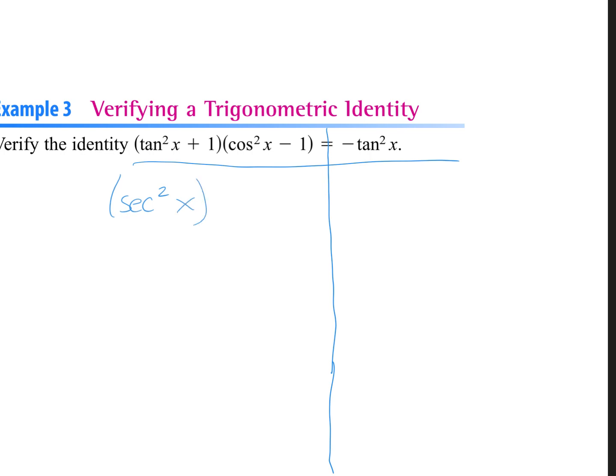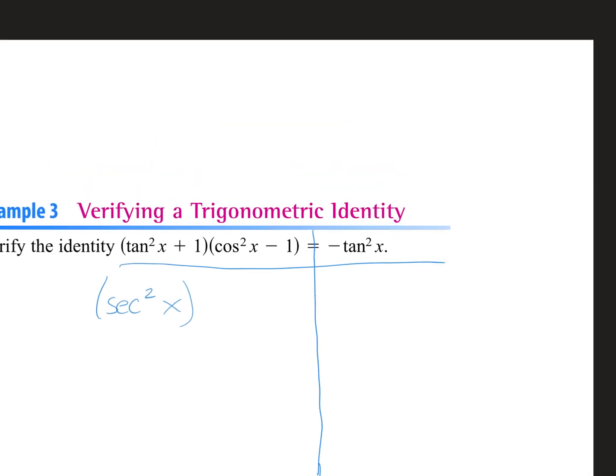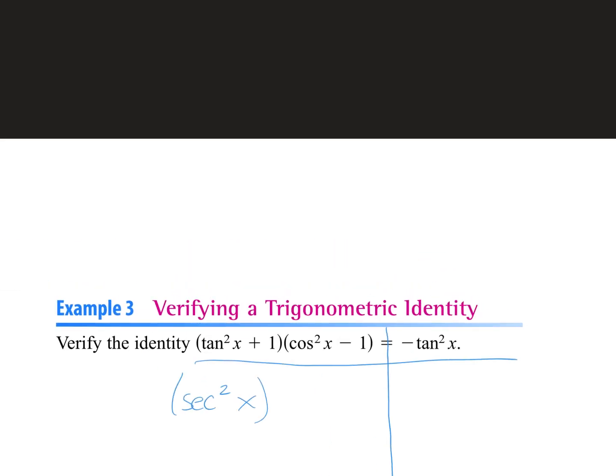All right, now look at your identities again. Cosine squared plus sine squared equals 1. Which identity does that resemble? The first one. All right, I needed to say cosine squared minus 1. Look at you.